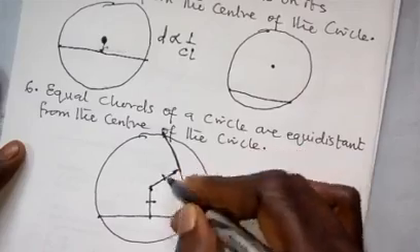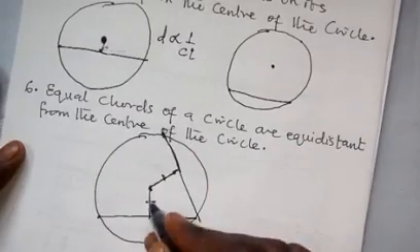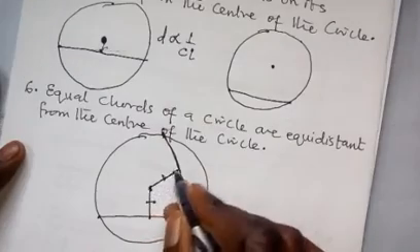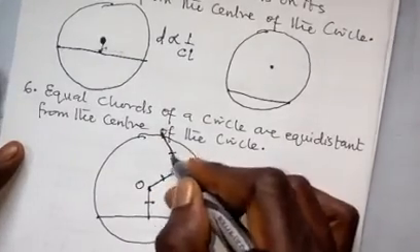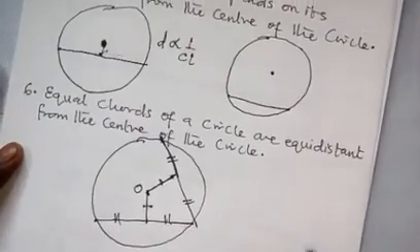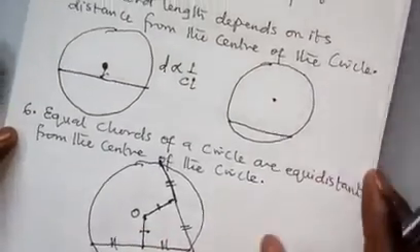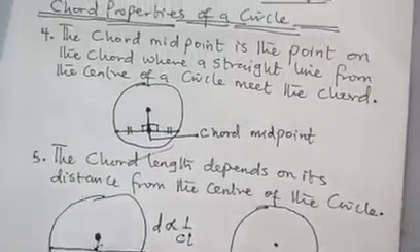You see, as long as this chord and this chord are at the same distance from the center of the circle O, it means that their lengths must also be equal. So these are the few properties of a chord of a circle that you need to learn.